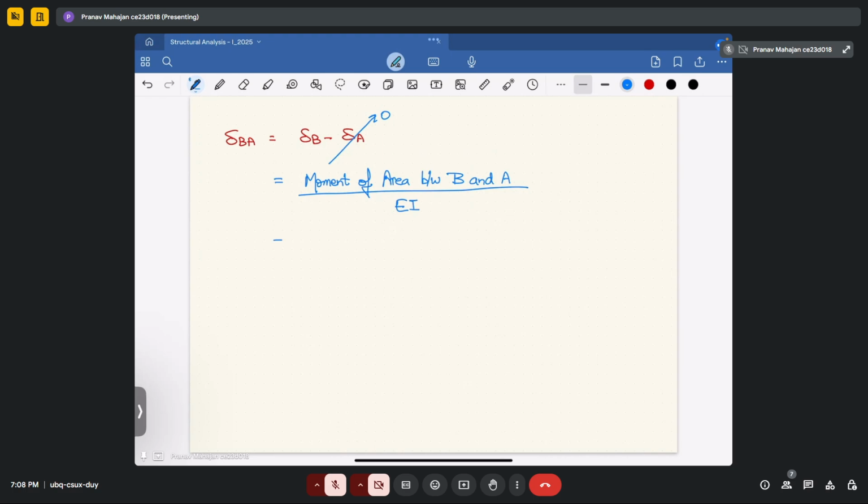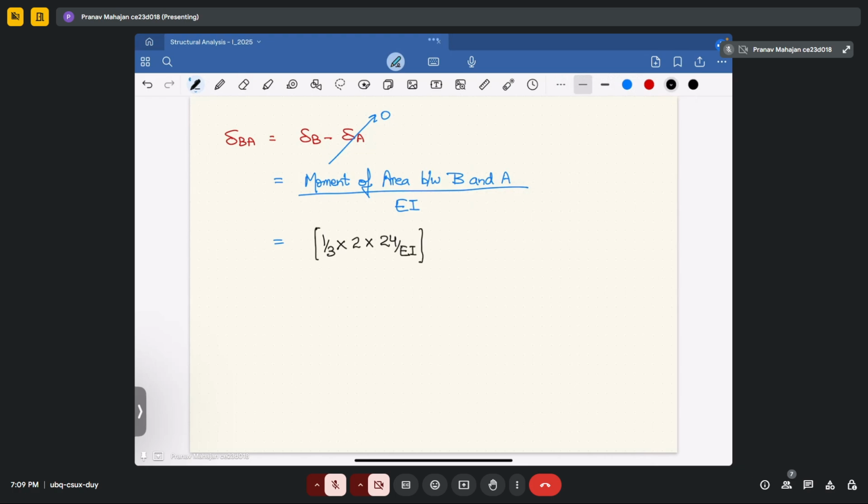So first we will find the area of the bending moment diagram, how it will look like. It will be equal to 1 by 3 into, how much is the base? Base value is 2. What will be the altitude? Is 24 upon EI.